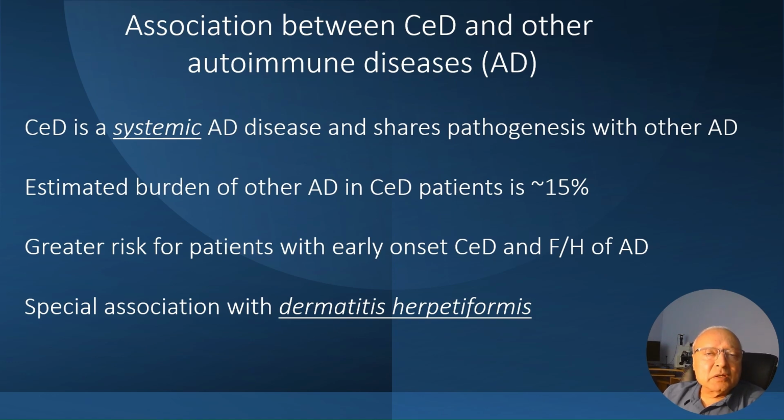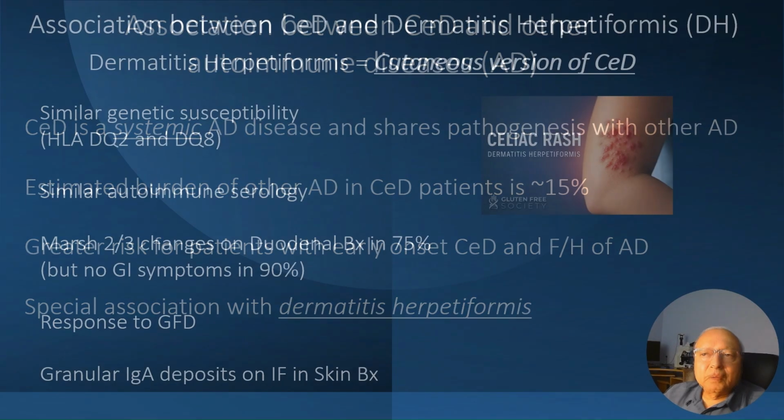And the greatest risk is patients who have family history of autoimmune diseases, and also where the celiac disease starts early in life, because they have longest period of exposure and possibility of developing other autoimmune diseases. Now, there is a very special relationship between celiac disease and Dermatitis Herpetiformis, and we'll discuss that.